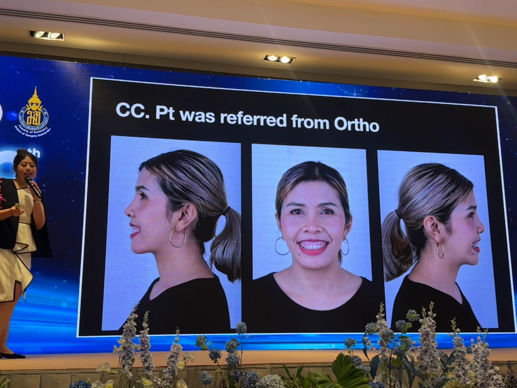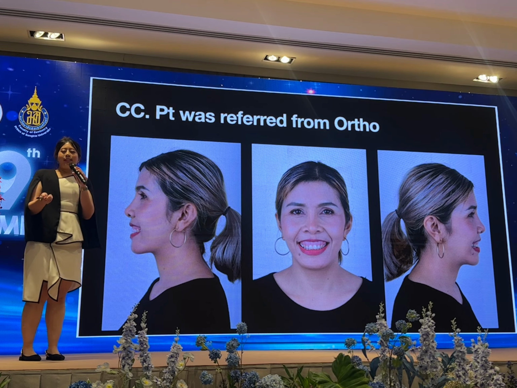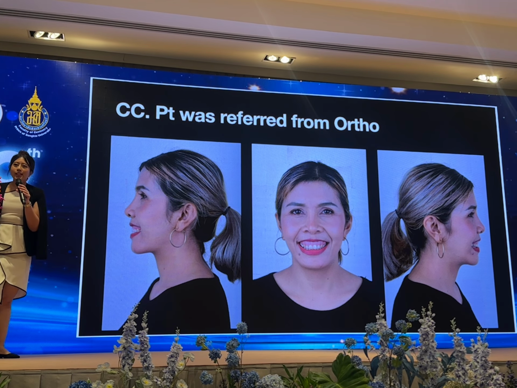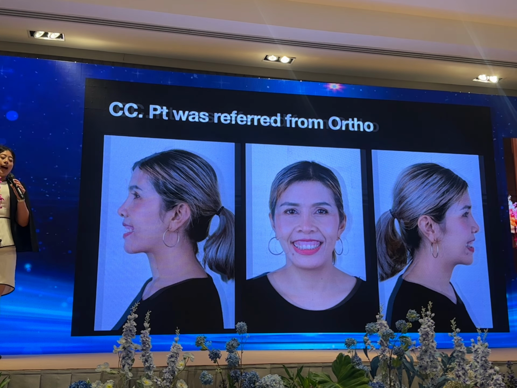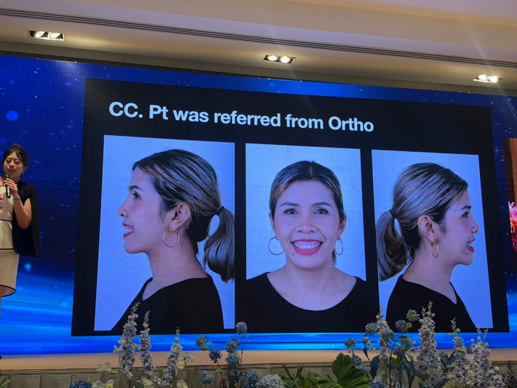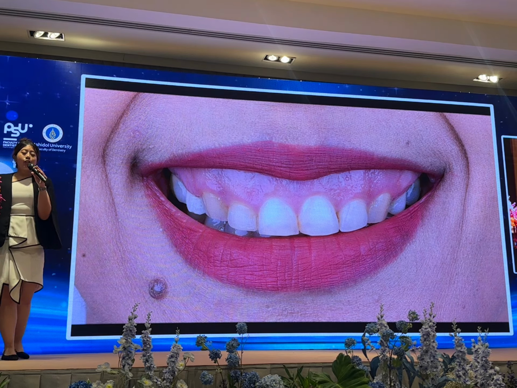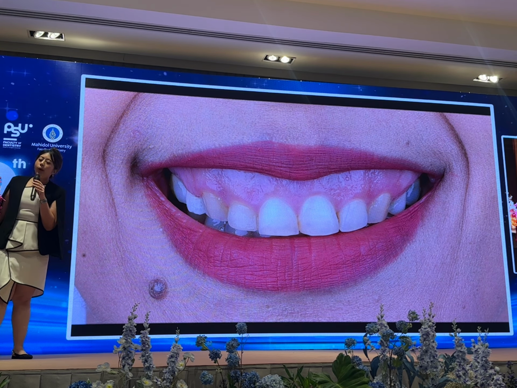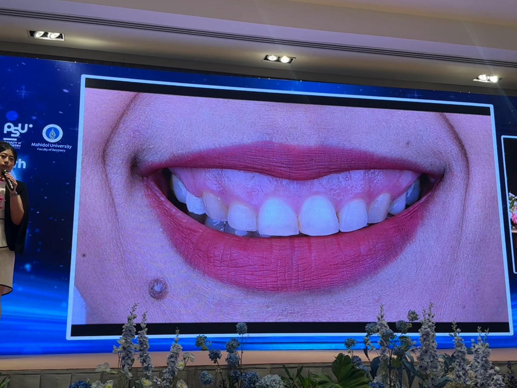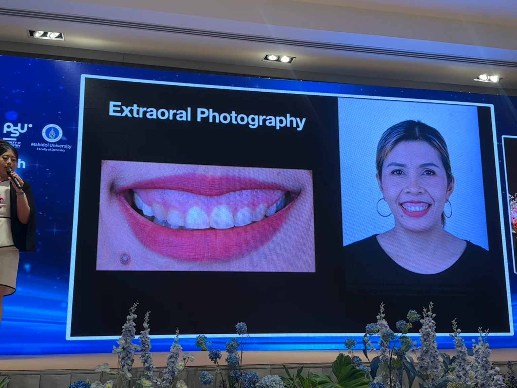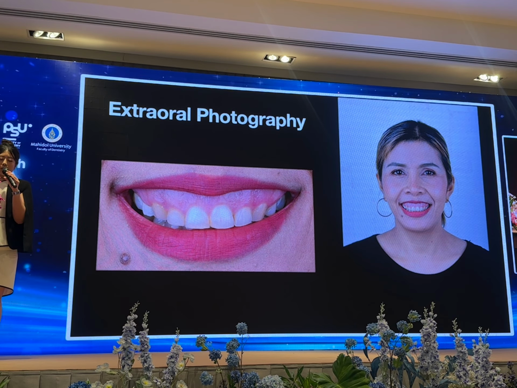So, the patient was referred from the orthodontic department. Actually, the very first sentence that she said to me is, "I don't like my smile. It looks like a monkey." She explained that whenever she smiles, her gum shows up a lot. And then she asked, "Can you make my smile better?